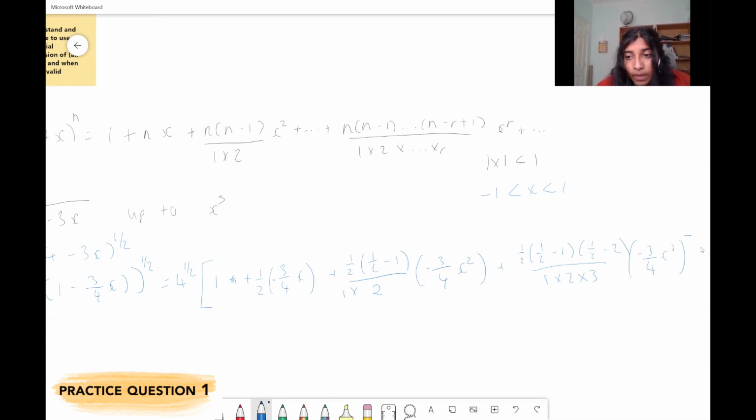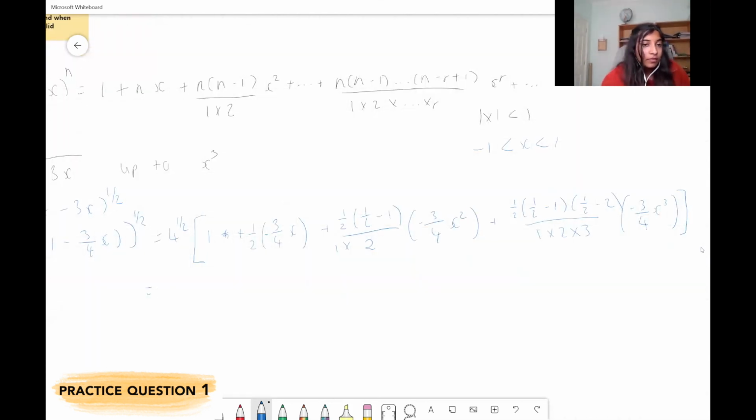And then if we solve that, you'd get 4 to the half, that's just 2. Then you would get 1 plus 3 over 8x plus x squared plus 27 over 1024 x to the power of 3. So remember, this is just plugging it into your calculator.